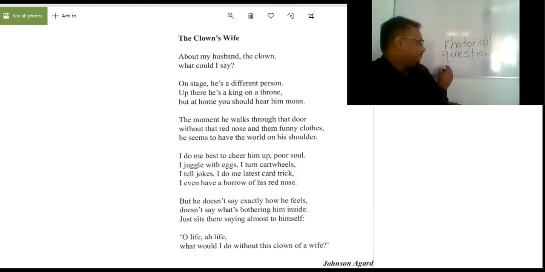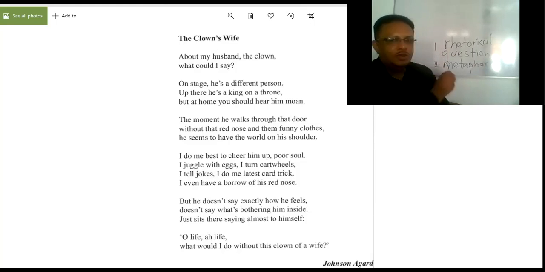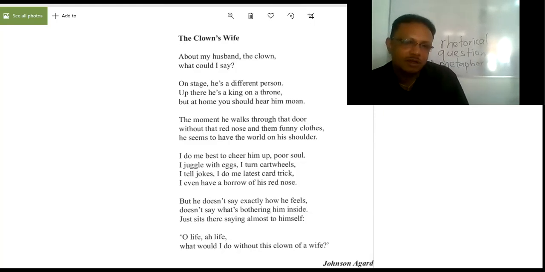So it's a metaphor. Metaphor is a technique used by many writers, to substitute one quality for another. A king on a throne shows that the clown is the main figure, the cynosure on the stage.